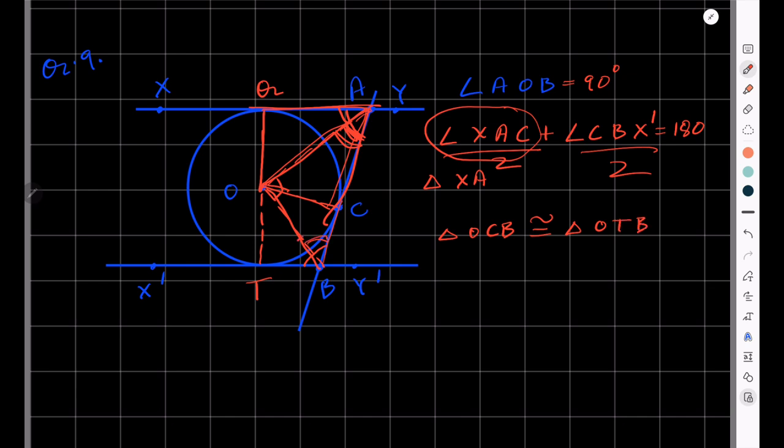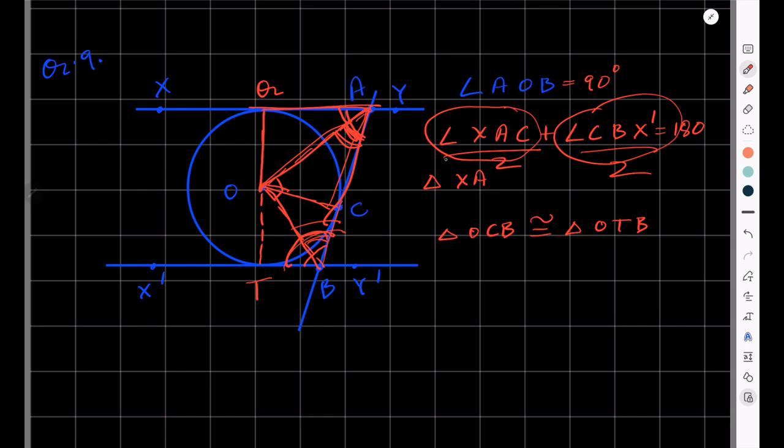So these two angles will also be the same. Okay, and this is what we have written. So this will be nothing but CBX dash divided by 2, isn't it? Because this is CBX dash, so this is half of that.